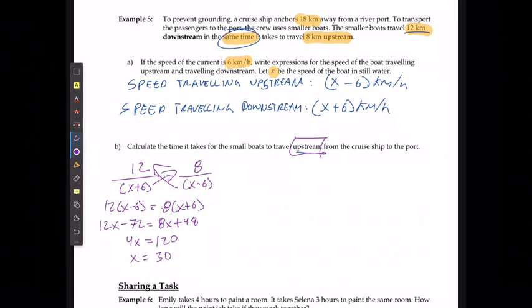Well, because we know that time is equal to distance over speed, if it's traveling 18 kilometers upstream, then the time is equal to 18 over x minus 6, but we know that the speed in still water, we just solved that, is going to be 30 minus 6, which means that it's going to equal 18 over 24, or I can divide the top and the bottom by 6, reduce the fraction, and say it's going to be 3 over 4 hours.